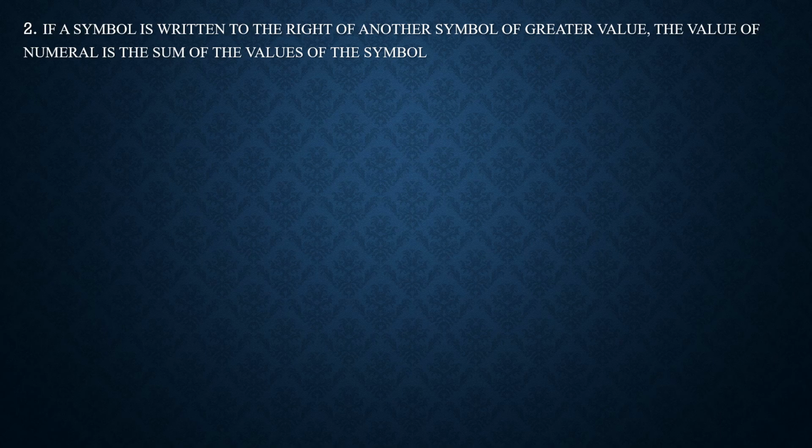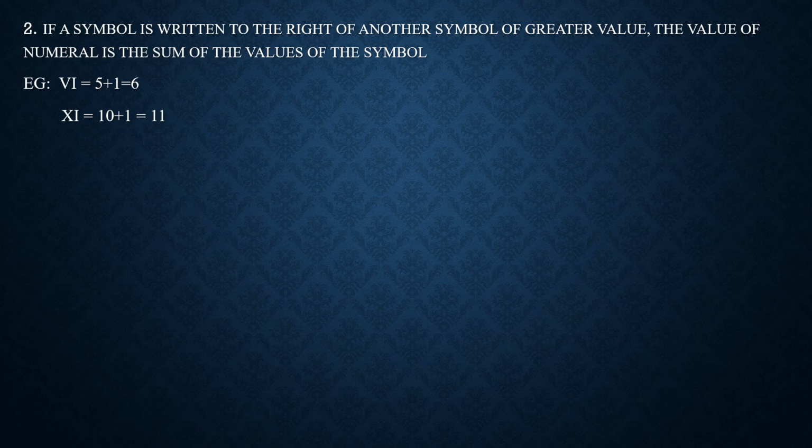Then the value of the entire numeral is the sum of the values of both the symbols. We will see the example. You see VI. V is a symbol and I is also a Roman numeral symbol.